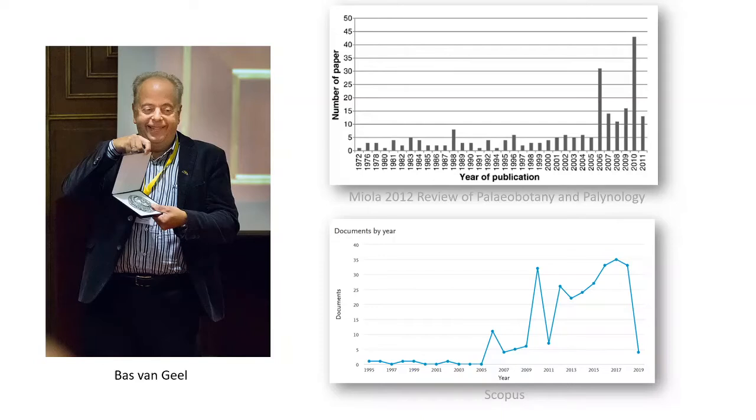So there are two graphs, until 2012 and also today's perspective. Well, 2019 is still ongoing, so I assume the number of documents listing non-pollen polymorphs will be even higher.